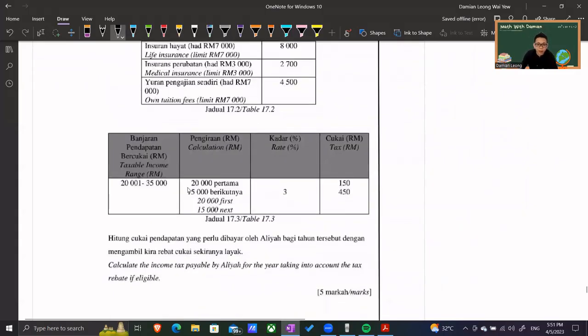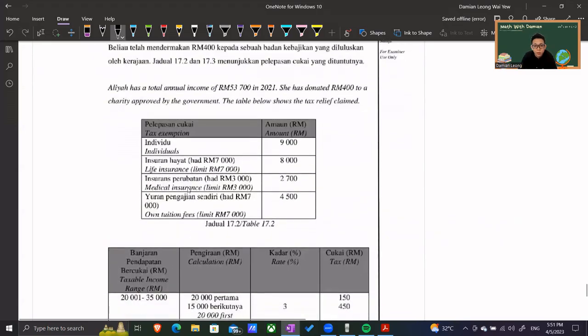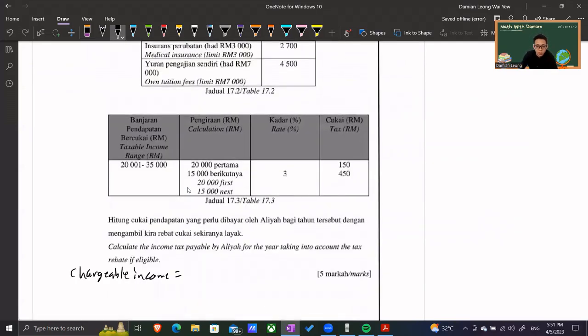So first we find chargeable income, which is total income 53,700 minus all the tax deduction and tax relief.